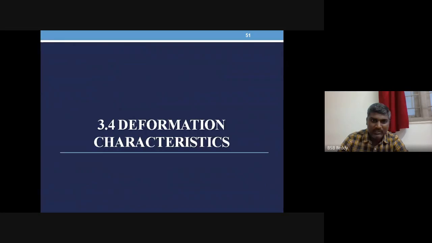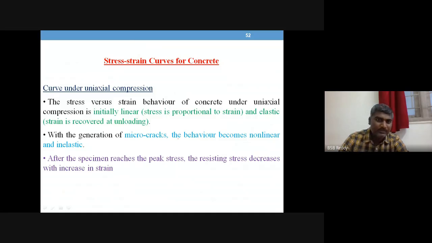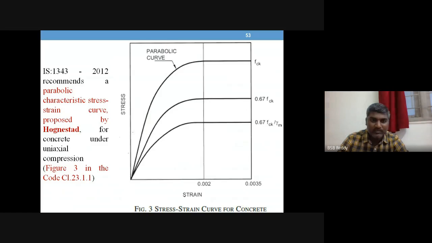Okay, and the deformation characteristics for concrete are given by figure 3 of the IS code, and this you have already used for concrete. The same curves that IS 456 gives are also given by IS 1343.